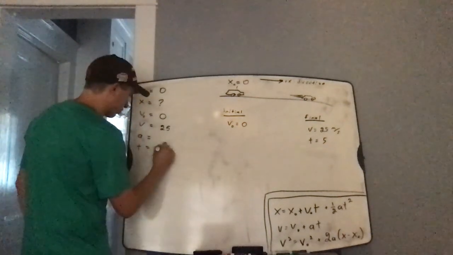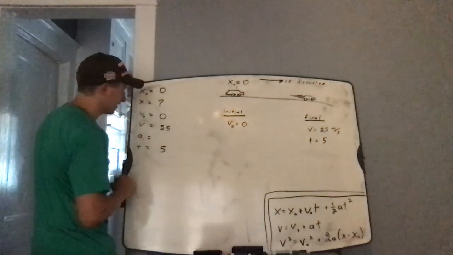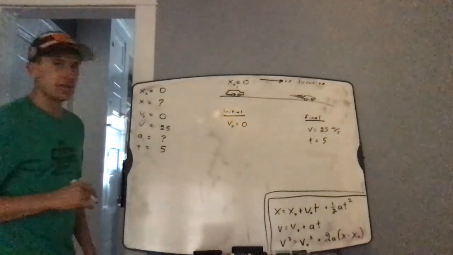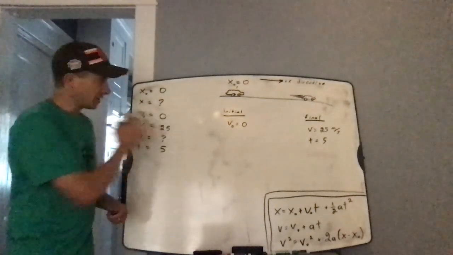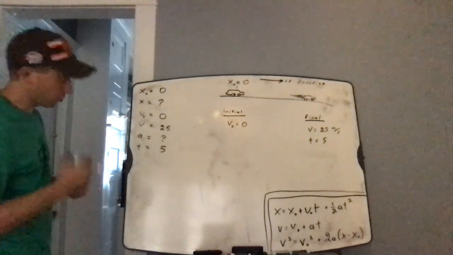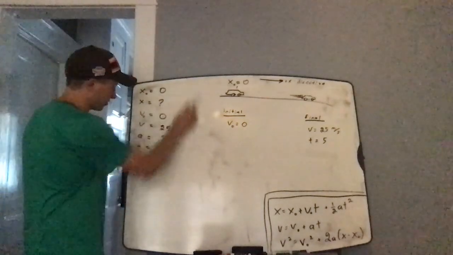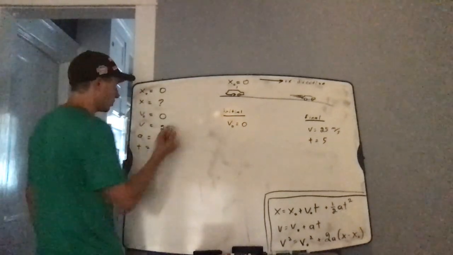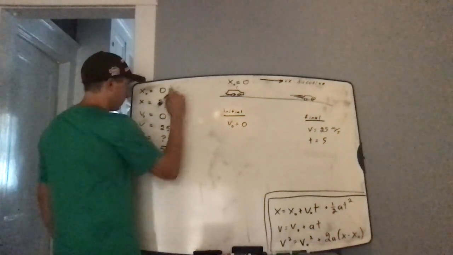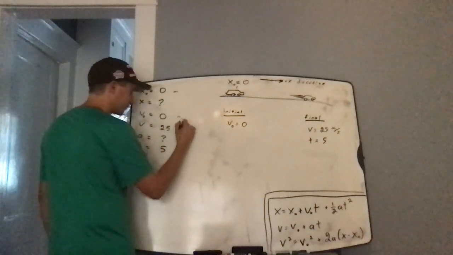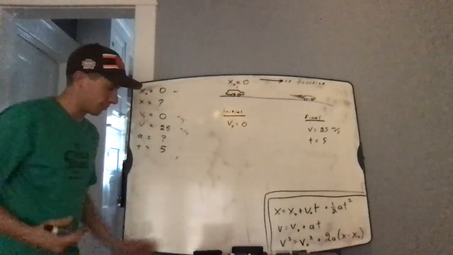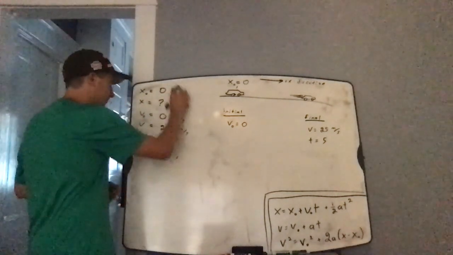We are told that occurs at a time of 5 seconds, and acceleration is currently an unknown. When I write these terms out, I don't like writing units because I think that clutters up my page, but if you want to do it, that's fine for you. So 0 meters, meters per second, 5 seconds, if you insist on writing units. I'd rather not do it.